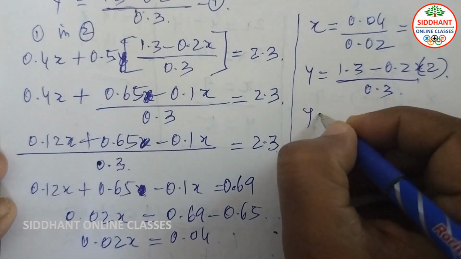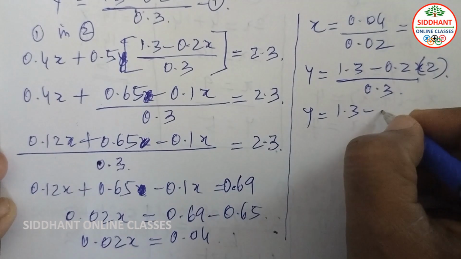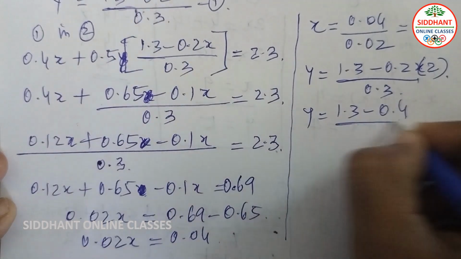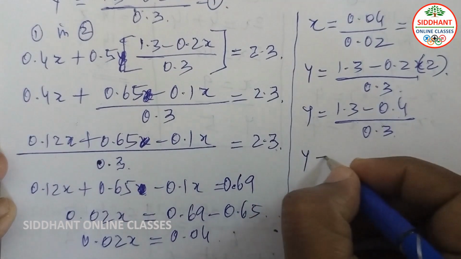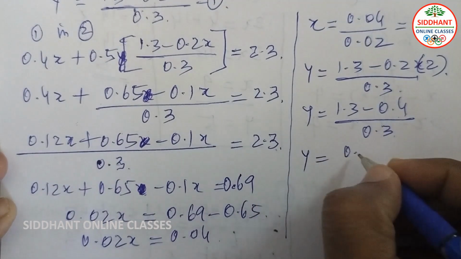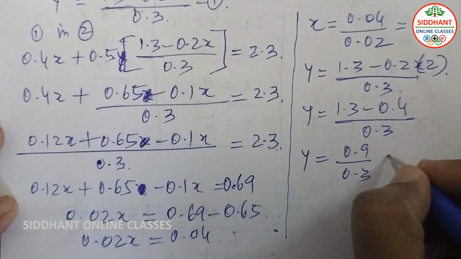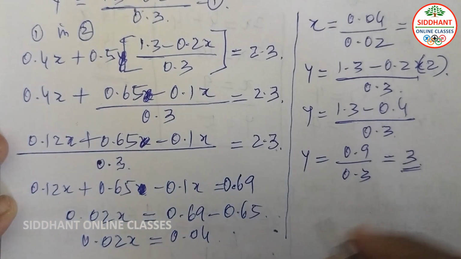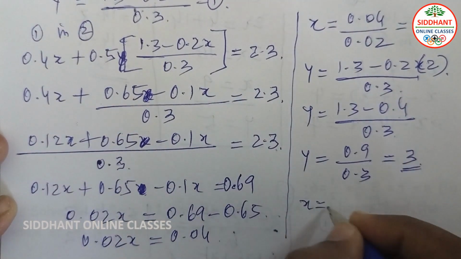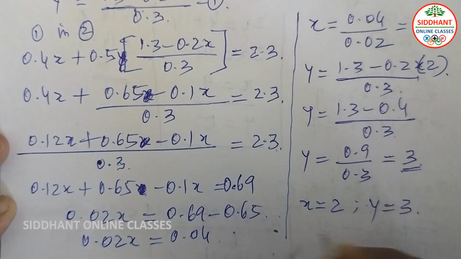So now y equal to 1.3 minus 0.2 into 2, 0.4 by 0.3. So y equal to 0.9 by 0.3, so that equal to 3. So y value 3. So we get x equal to 2 and y equal to 3 here.